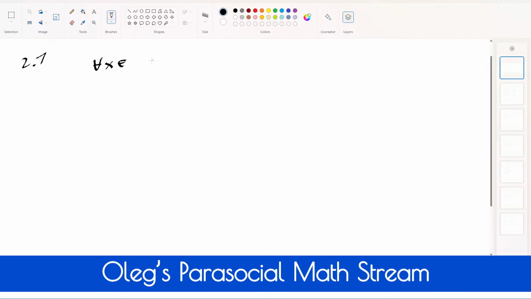Just going to read these three symbols as one word or one sentence. We're going to say all, and this is going to mean all numbers in the real set, or all reals. Let's just say all reals, because technically it's all reals.